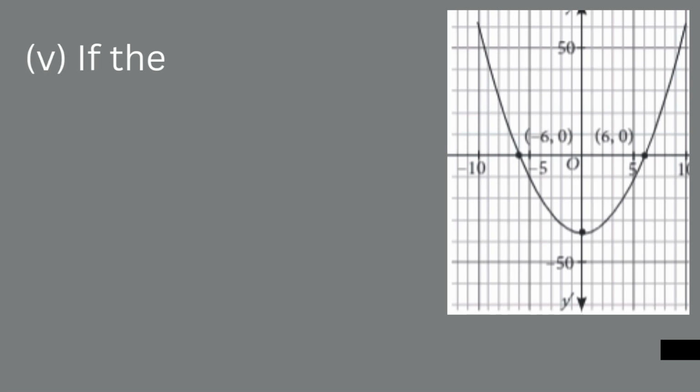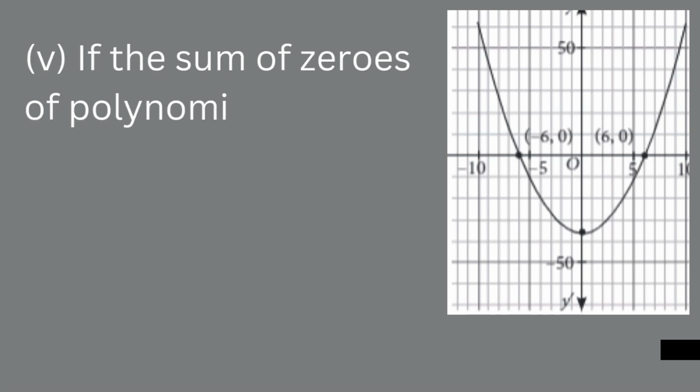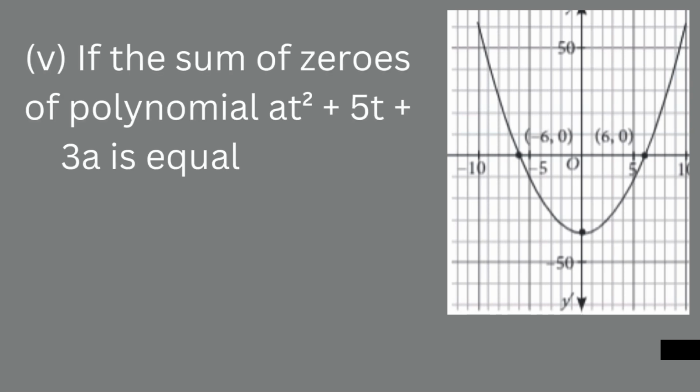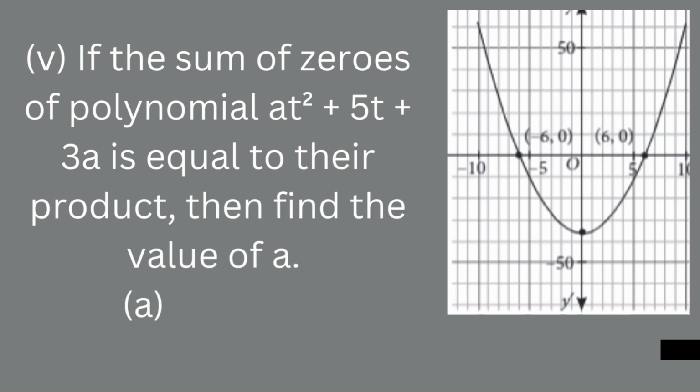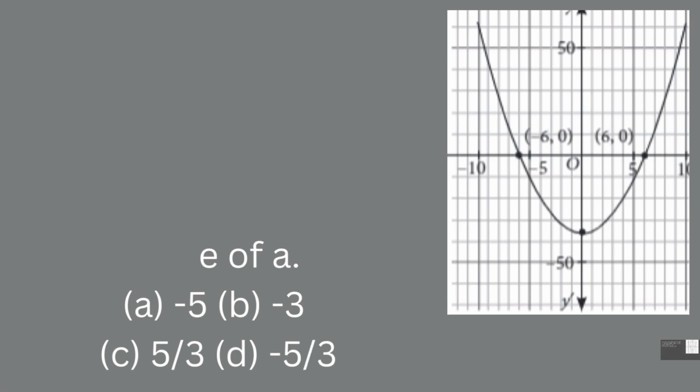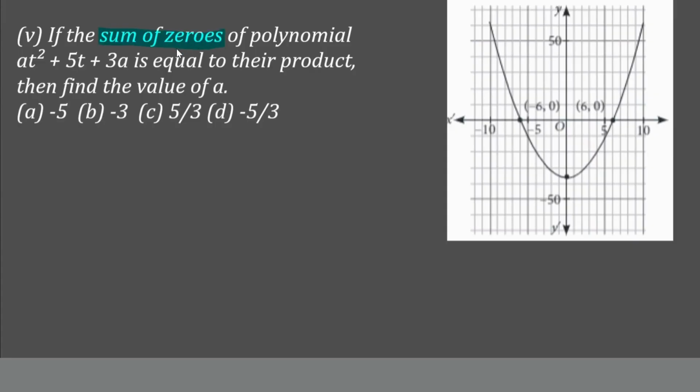In the fifth part, the question says: if the sum of the zeros of the polynomial a(t square) plus 5t plus 3a is equal to their product, then find the value of a. So we are given the sum of the zeros as equal to the product of the zeros.